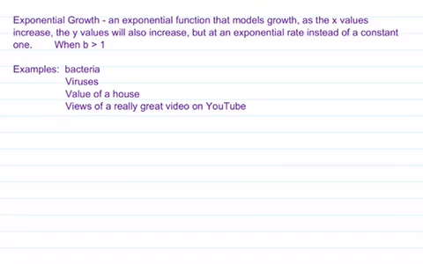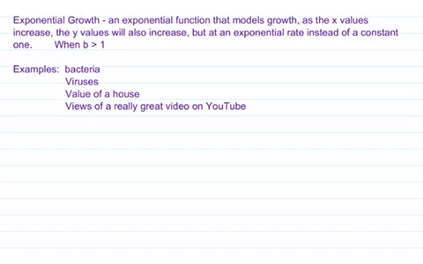All right, exponential growth is an exponential function that models growth. As the x values increase, the y values will also increase, but the y values increase at an exponential rate instead of a constant rate like it would on a linear function.